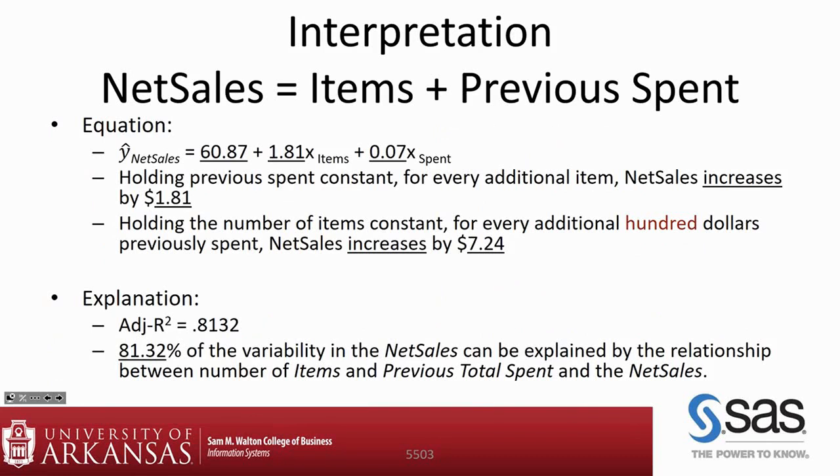So then based on our information, using our parameter estimates, we can create an equation. We can talk about if we hold previous spend constant, for every additional item, net sales is going to increase by $1.81. If we hold the number of items constant, for every additional $100, net sales is going to increase by 7.24.